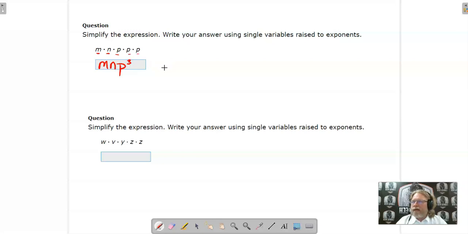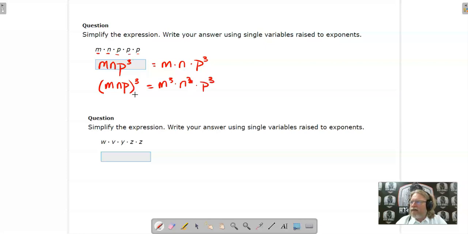Let's talk about something here dealing with exponents. This expression says take m, multiply it times n, and then multiply that times p cubed, whatever p cubed is. We'd obviously have to do the exponent, the power, before we could get that worked out. But that is different than if we had (m n p) cubed, because this would equal m cubed times n cubed times p cubed.